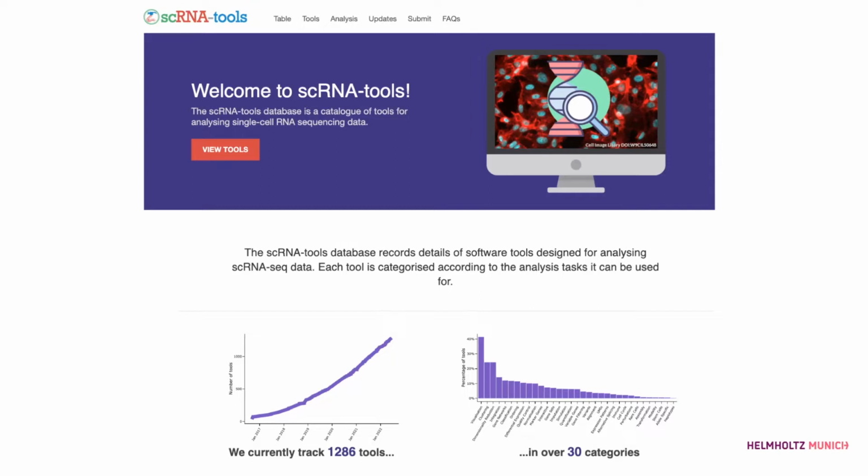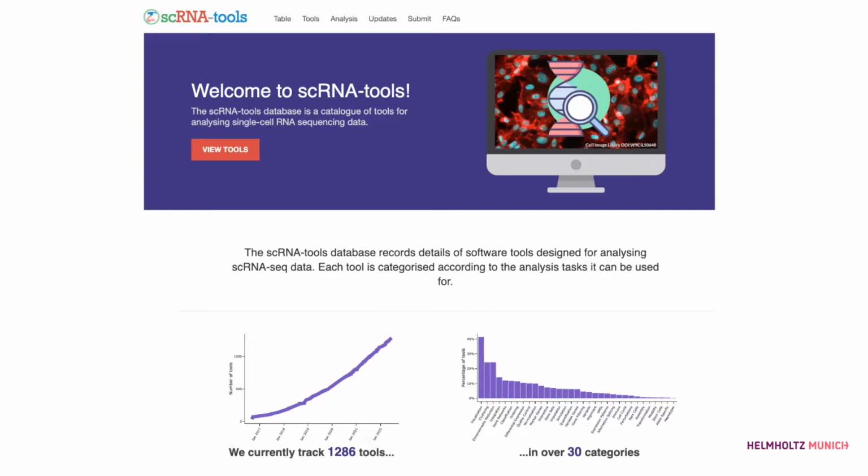There are currently about 1,200 different tools, in many different categories. The main categories are visualization, clustering, dimensionality reduction, integration, and all of these basic things that you need to do to process your data.